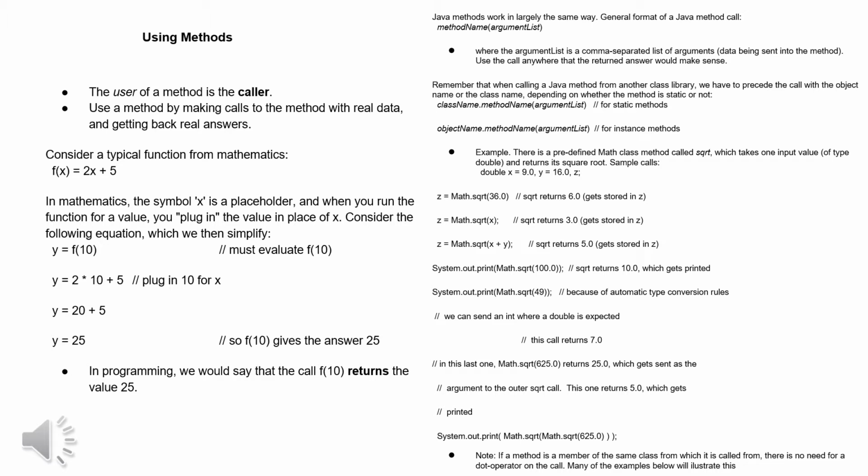For example, if x is 10, then f(10) equals 2 multiplied by 10 plus 5, which is 25, right? So in programming, we say the call f(10) returns the value 25. 10 is the input for the method here, and 25 is the output returned by the method.